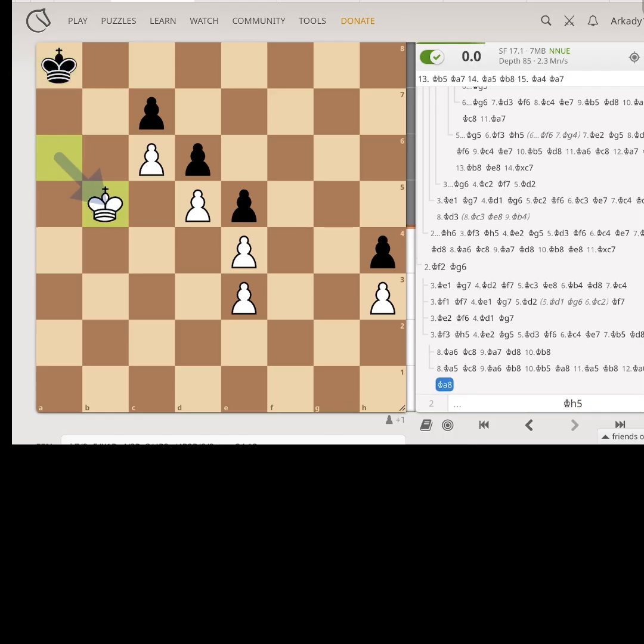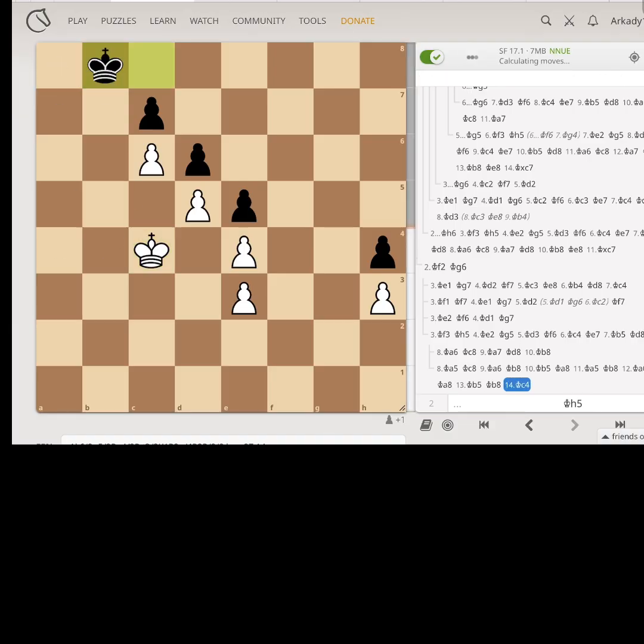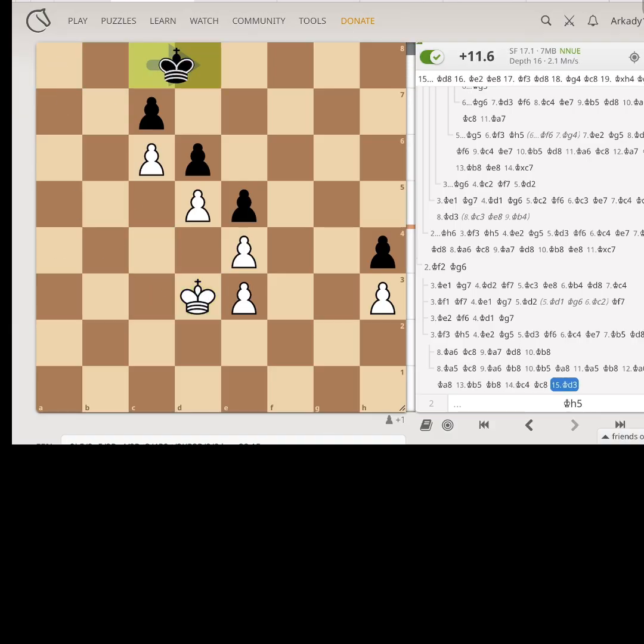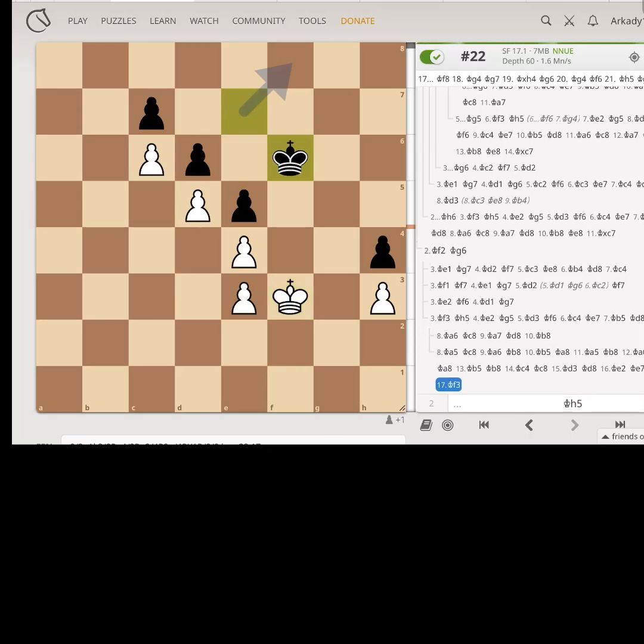But in this case, the black king will not be able to move back in time. So the white king occupies g4 and kills the pawn.